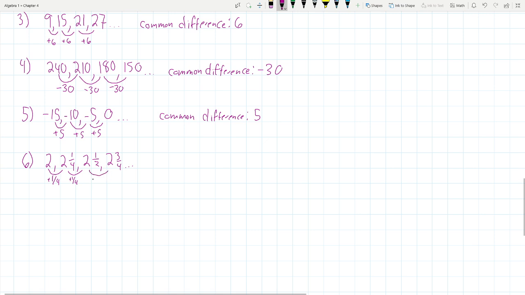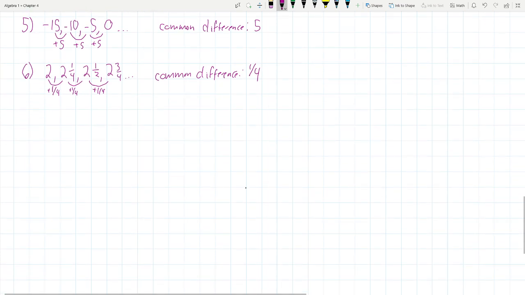And then to the next one, that's positive 1 over 4 again. So my common difference is 1 over 4. Okay.